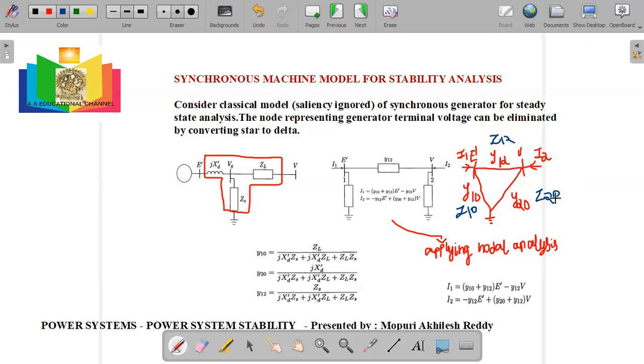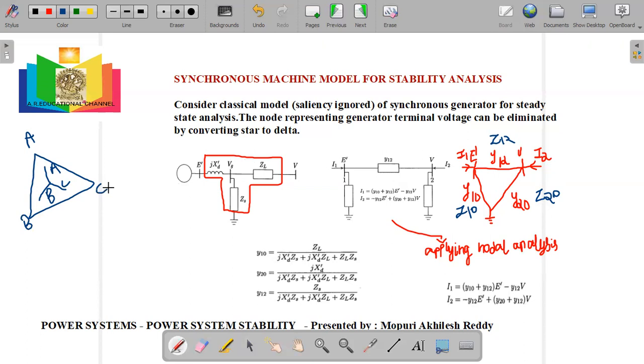Now we know when we are converting star to delta, what will happen? Suppose we had a star like this and we are converting this into delta. I take here it as A, this is B and this is C. Then this line is AB of this delta, BC and AC.